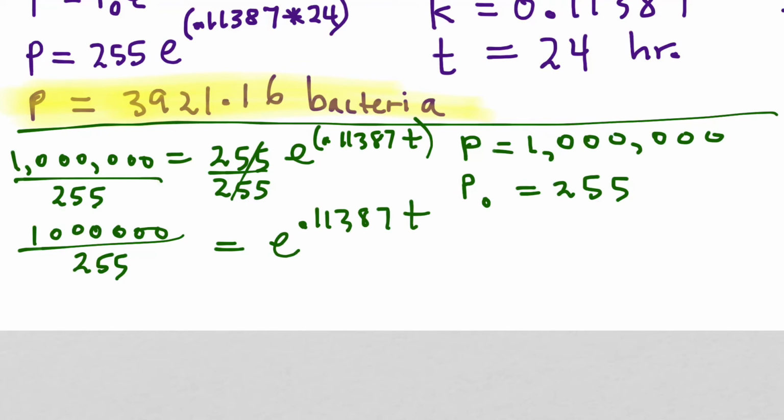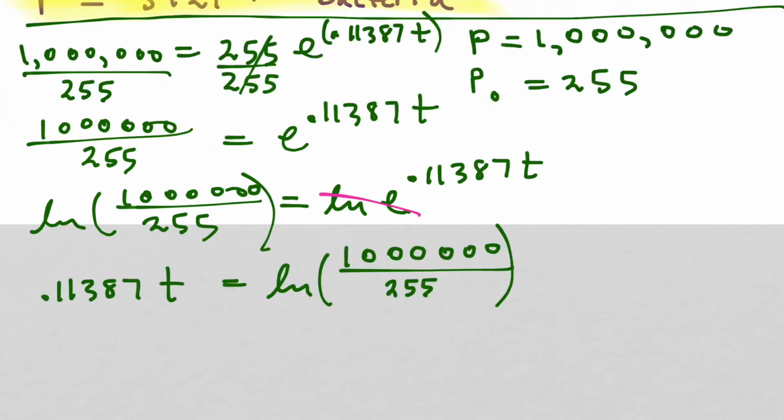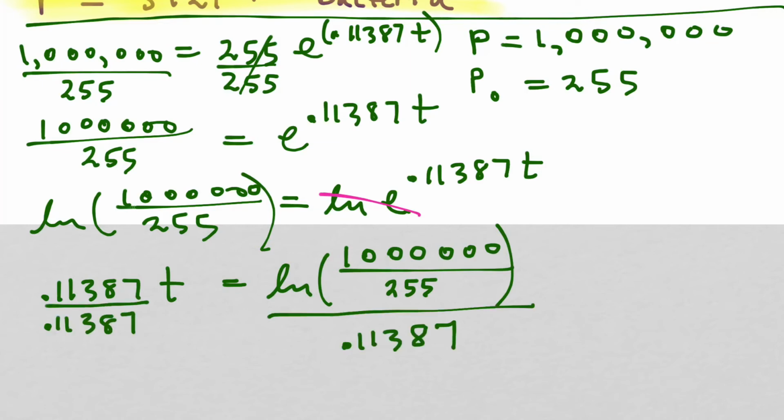So I want to take the natural log of both sides. So I'm going to take the natural log of this, both sides, and then I'm able to cancel out this here. So this is what I have now. Now I can just divide by 0.11387 on both sides, and I'll have t.